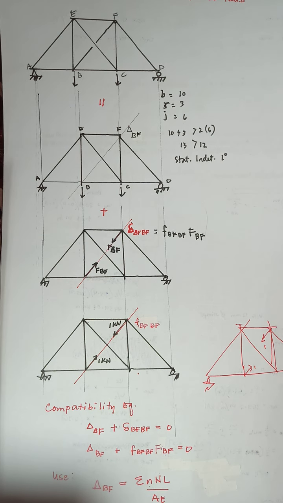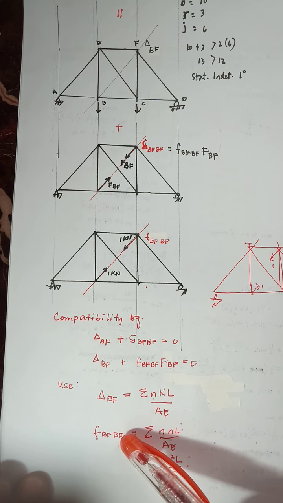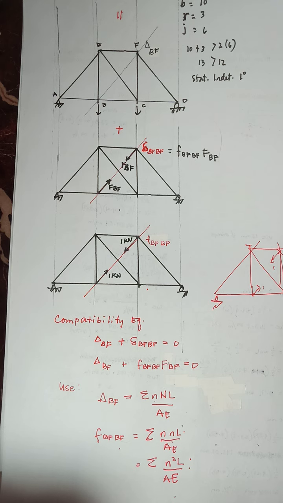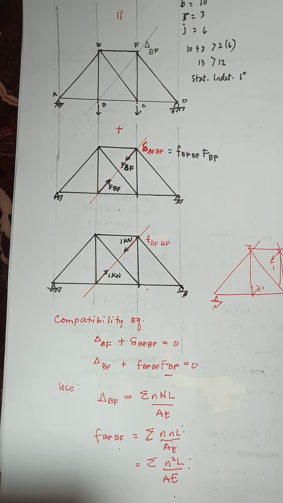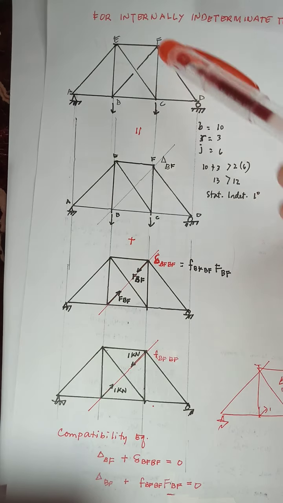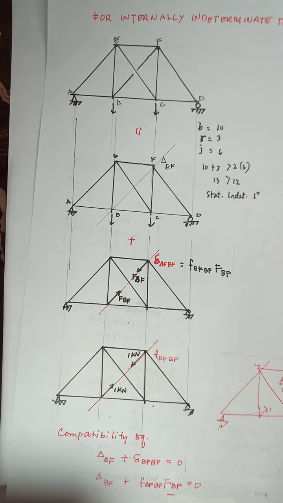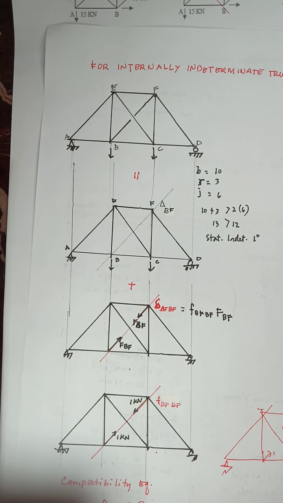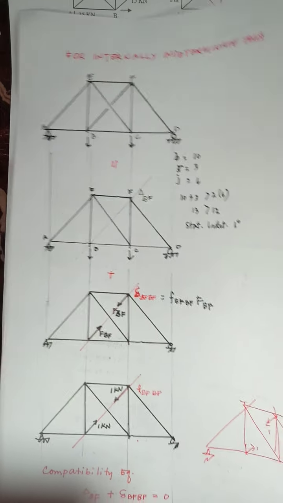Substitute delta BF and the flexibility coefficient in your compatibility equation, so you can now solve for the bar force BF. After determining the bar force BF, you apply it here and solve for the other bar forces. I hope that would be understood when you have a sample problem.